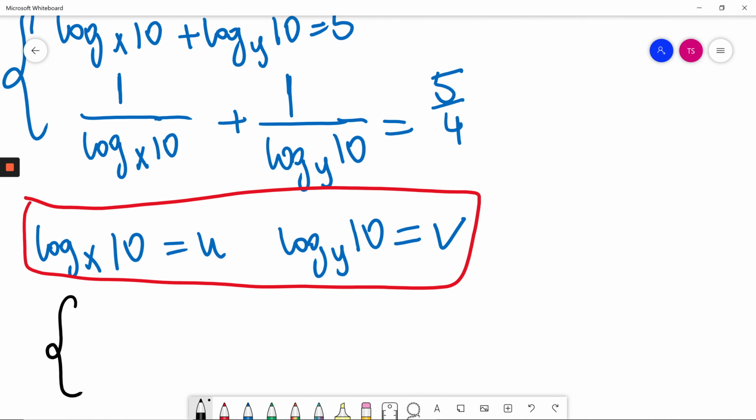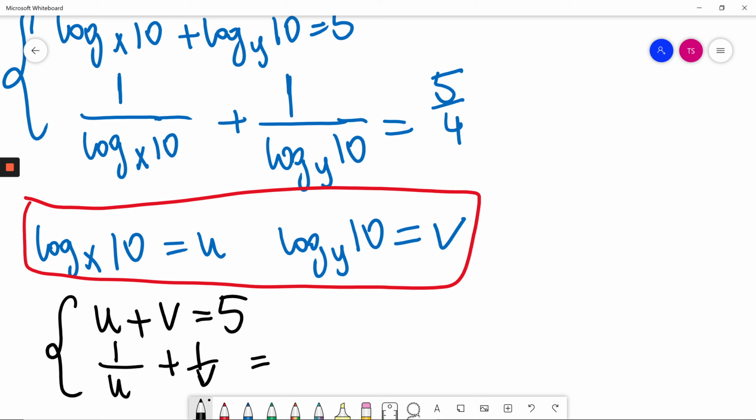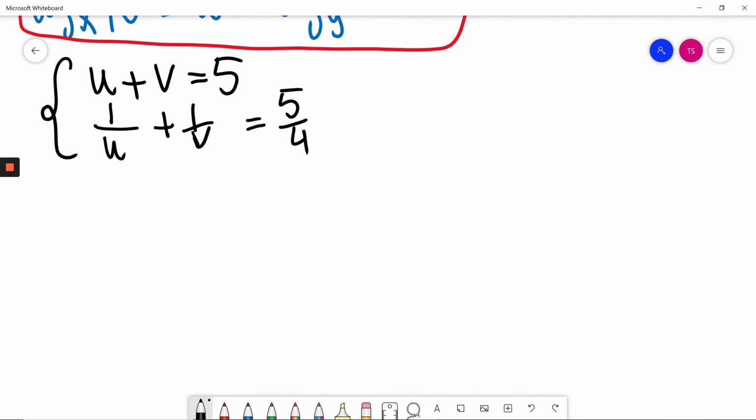So I can write the first equation as u plus v is equal to 5, and the second equation will be 1 divided by u plus 1 divided by v, and this is 5/4. Then from the first equation I know that u is equal to 5 minus v.